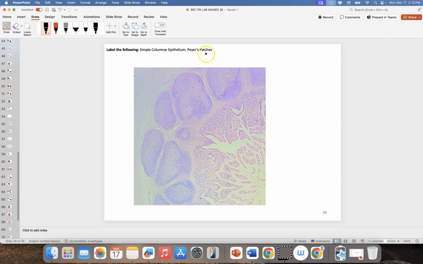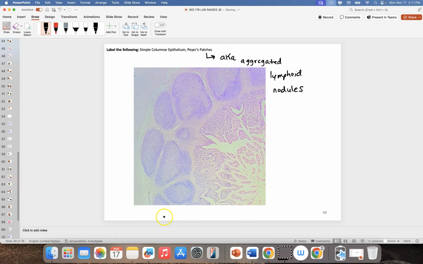These Peyer's patches, they are also known as aggregated lymphoid nodules, and they are going to be found within the mucosa of the small intestine.